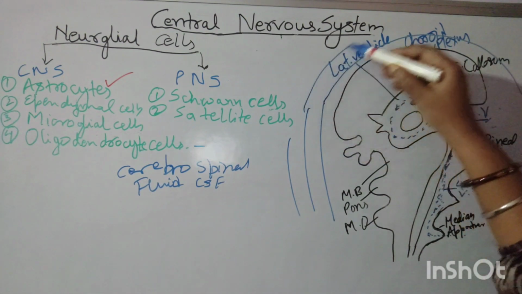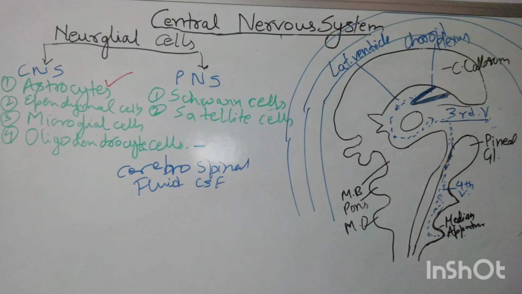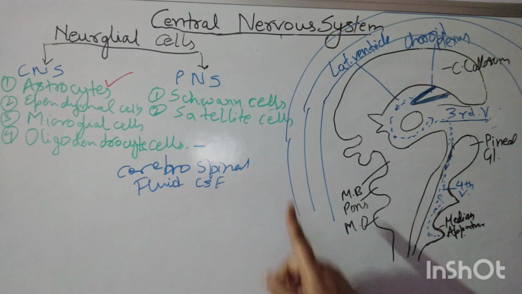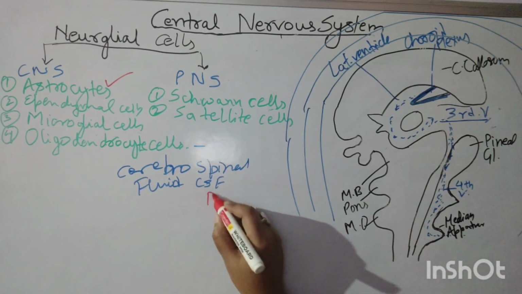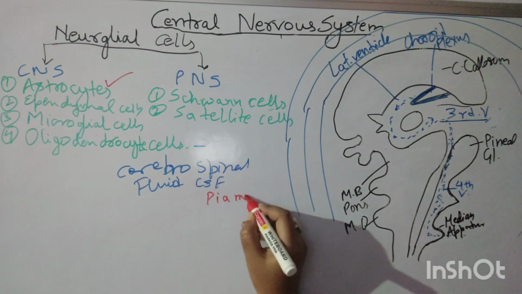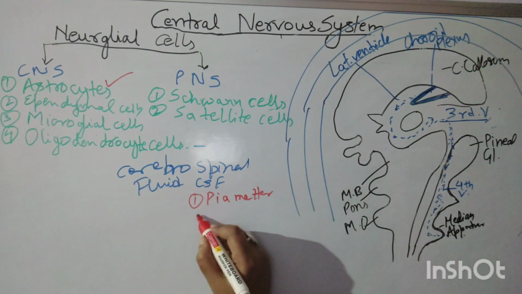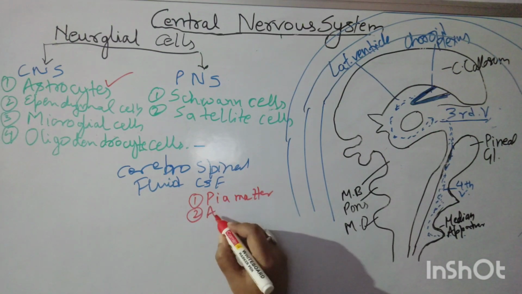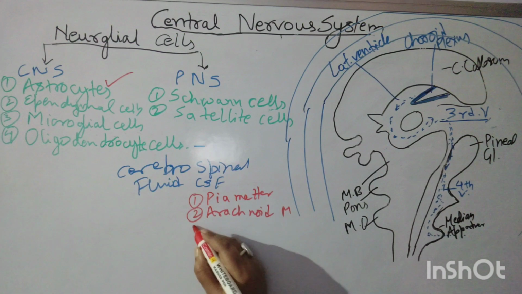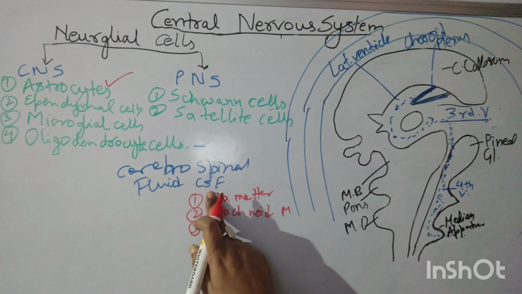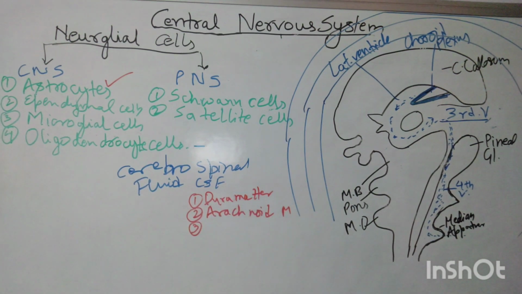Meninges means the covering of the brain. So our whole brain is covered by layers of meninges. From outside to inside: dura mater, then arachnoid mater, and the innermost is pia mater.